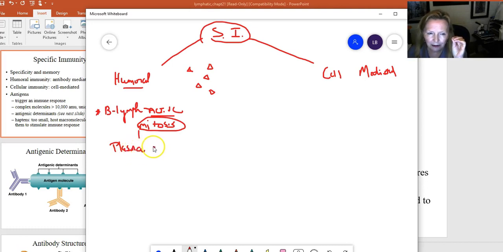The beauty of these plasma cells, once they're numerous, once these B lymphocytes become active and take in these antigens and undergo mitosis and then start dividing and become multiple plasma cells, it takes a little while for that to happen. But once they do that, this is amazing, because these plasma cells will produce a very special protein.